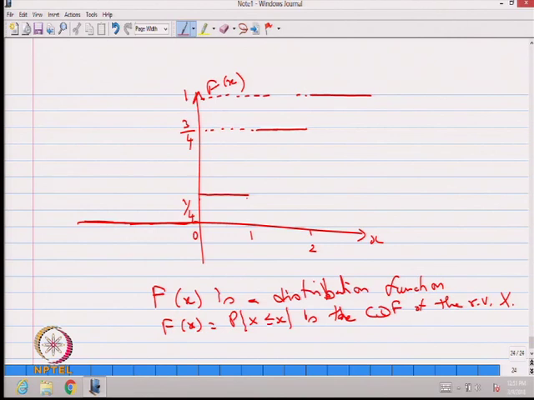So, the one example which I have created has only jumps; we can create an example of no jumps, and an example of jumps as well as increasing in some interval. So, this is the easiest example. In the next class we will classify the random variables based on the CDF of the random variable.